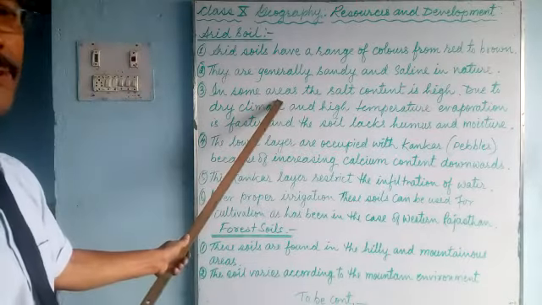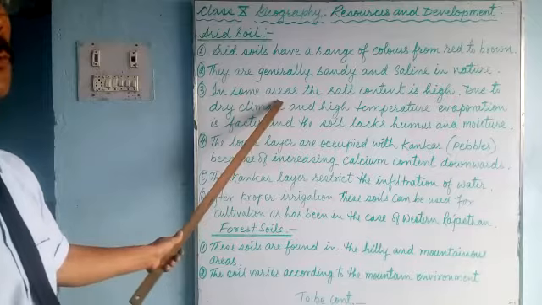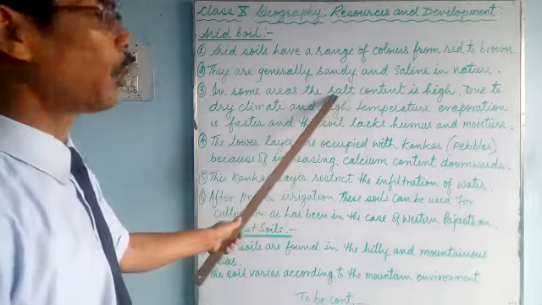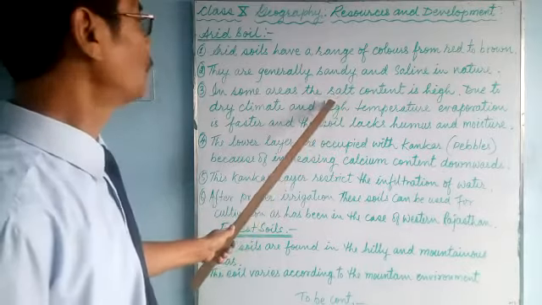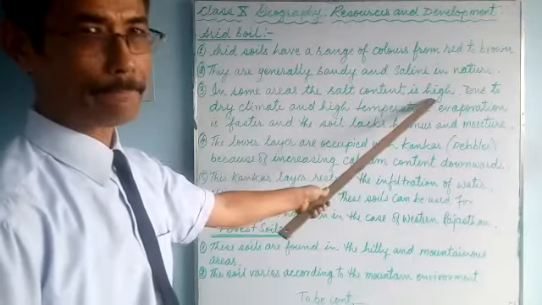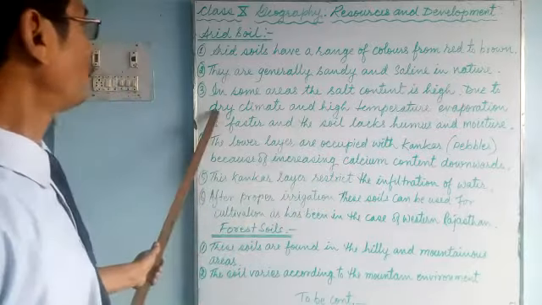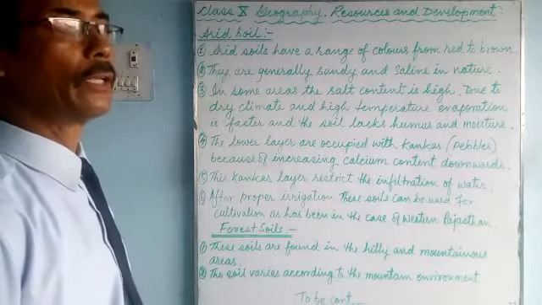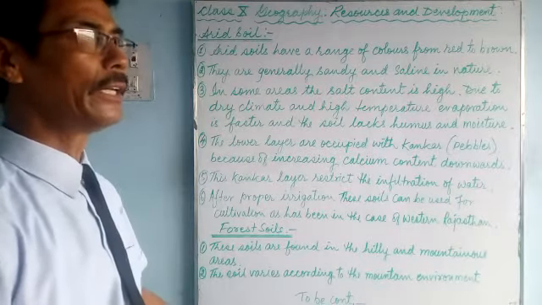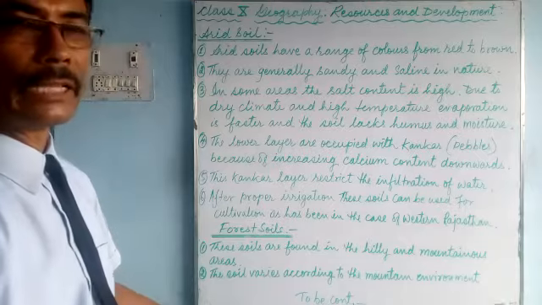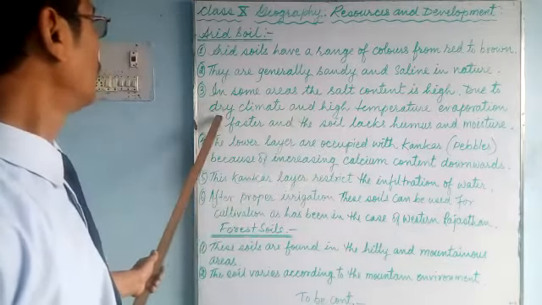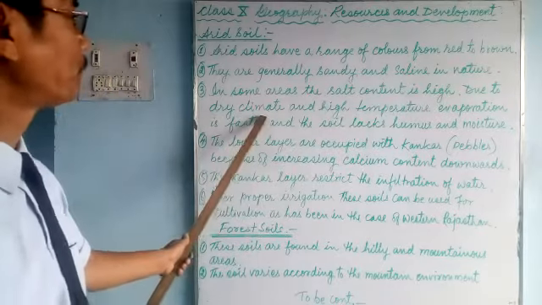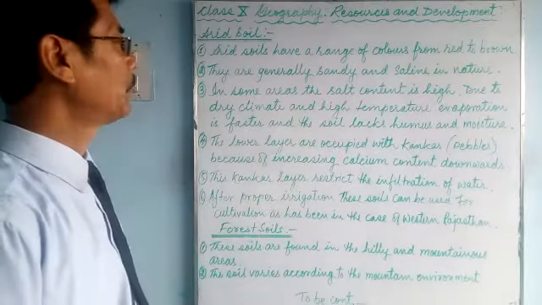In some areas where there is very little rainfall, the salt content is very high. Arid soils are found in dry areas with very little rainfall. In some areas the salt content is high due to dry climate and high temperature.